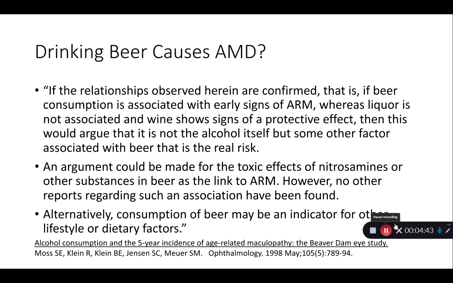So does beer drinking really cause AMD? If a relationship observed herein can confirm that beer consumption is associated with early signs of AMD, whereas liquor is not associated, and wine shows a slight protective effect, then this would argue that it's not the alcohol itself, but some other factor associated with the beer that's at risk.